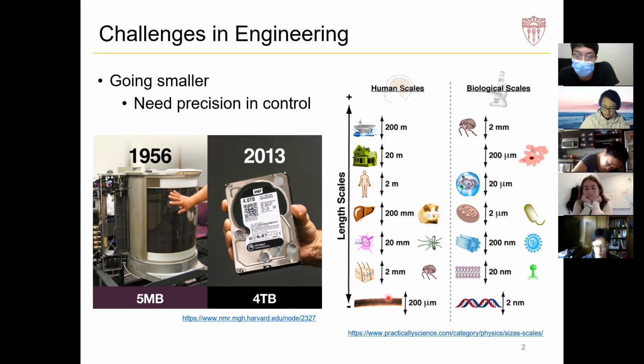Super obvious things like buildings, like the human being, the size scale is in meters, right? We're pretty humongous beings. If we go further down in the size scale, we go down to the tissue level, like different organs. For example, the liver, it's about 200 millimeters. Further going down though, each of these tissues are made up of individual cells.